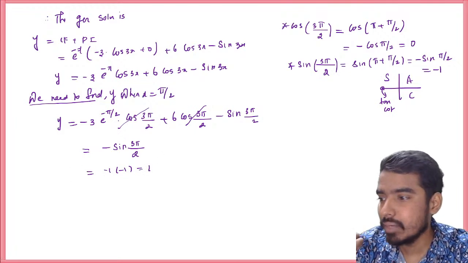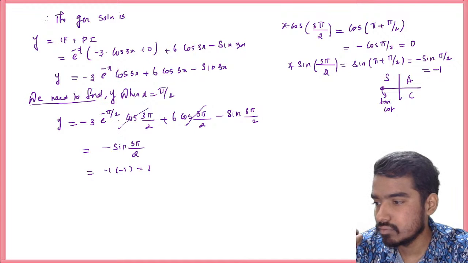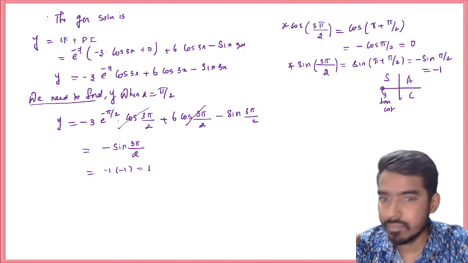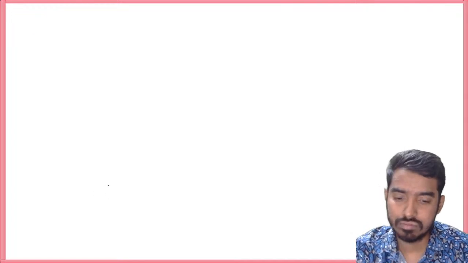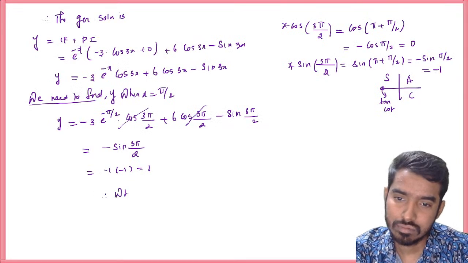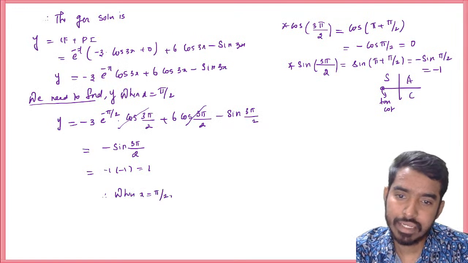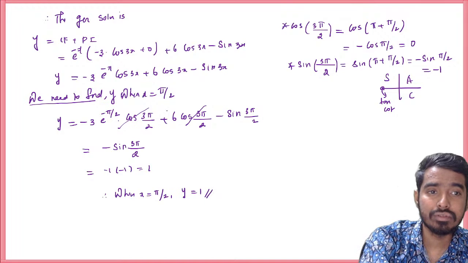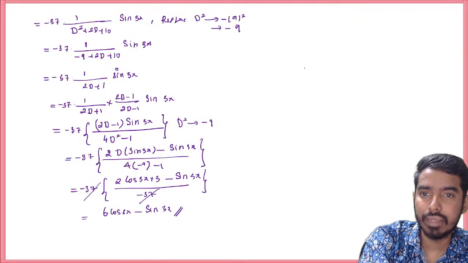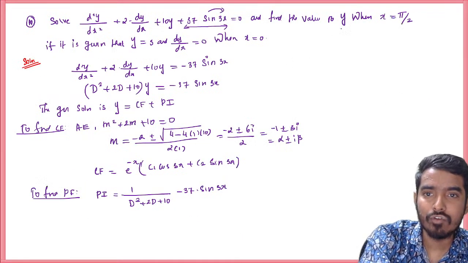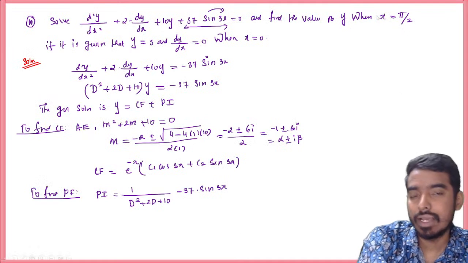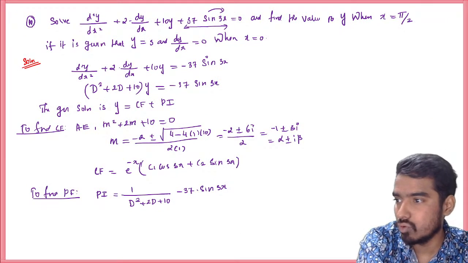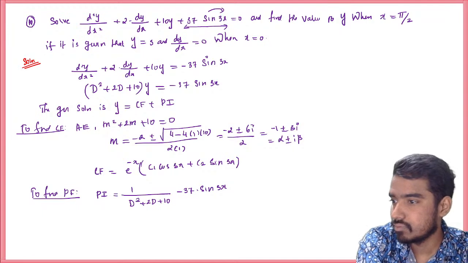So when x is pi by 2, the value of y is 1. Is it clear? Cos 3 pi by 2 is 0, you can substitute here and check it from here, right? Therefore, the value of y is 1 when x is pi by 2, right? Super.